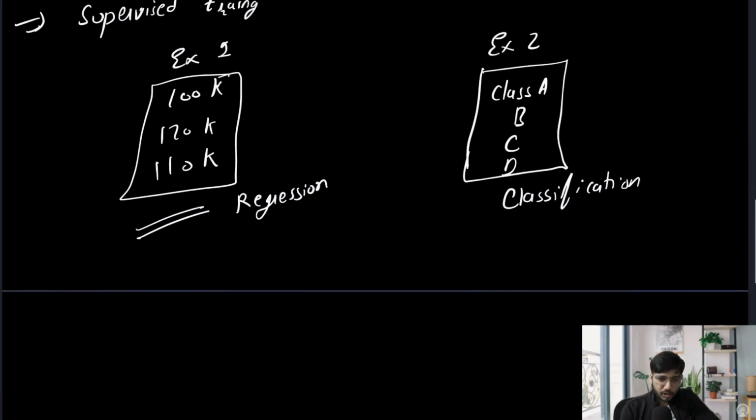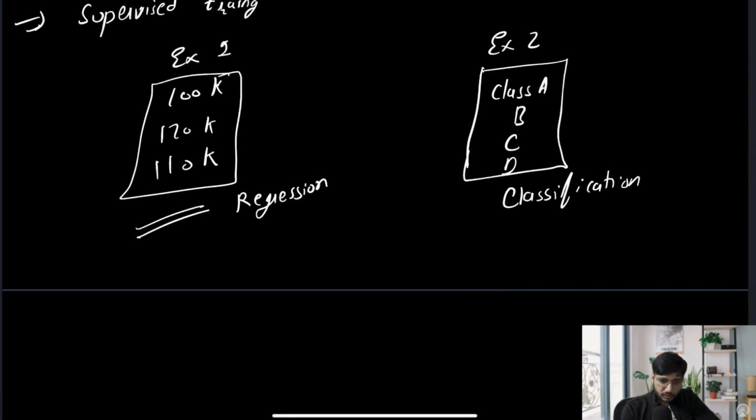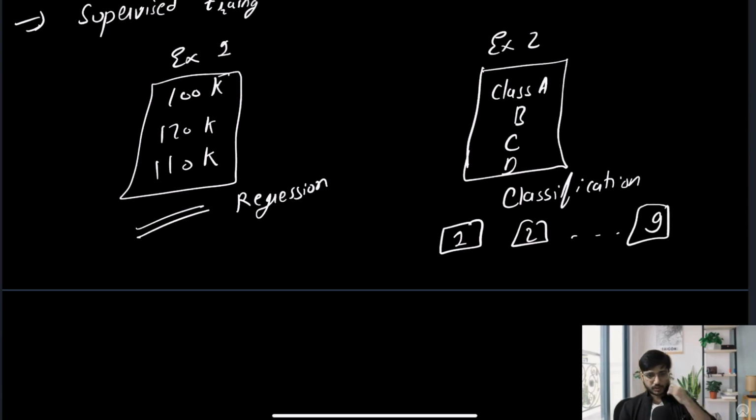Another example for classification could be that suppose you have images of digits, 1, 2, up to 9, in different formats. It could be paper cuts, it could be some drawing or something else. And you want to classify which number it is. So basically an image processing model which will classify that image belongs to which number.